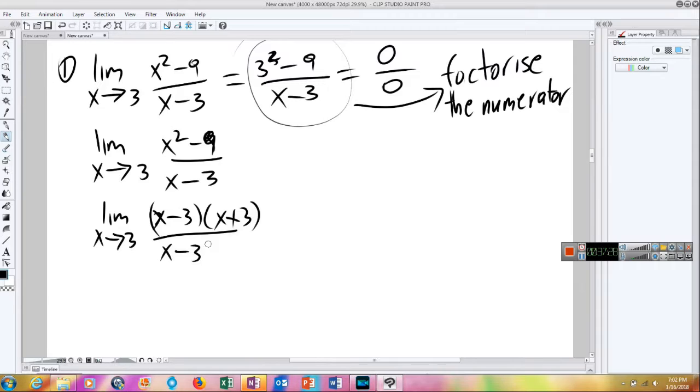What immediately happens here is that we have to cancel these two here because they are like terms. And that leaves us with limit x tends to 3 for the function x plus 3 simply. So now, since we have this, we can simply put 3 where x is and say 3 plus 3 equals 6.